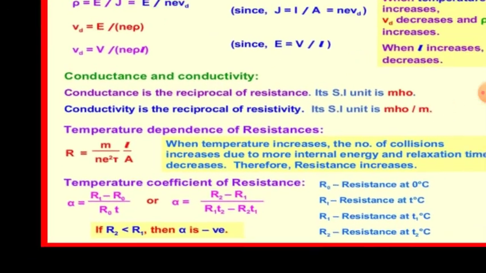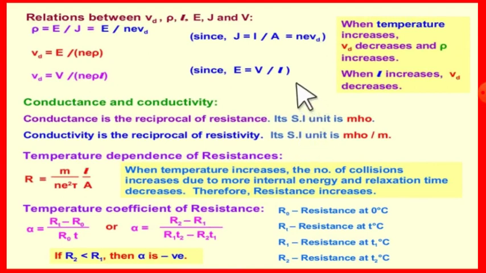Let me show you that mathematically. Now let's take that there is a conductor like this, at a particular temperature, say T degrees. Let's take its initial resistance as R naught.